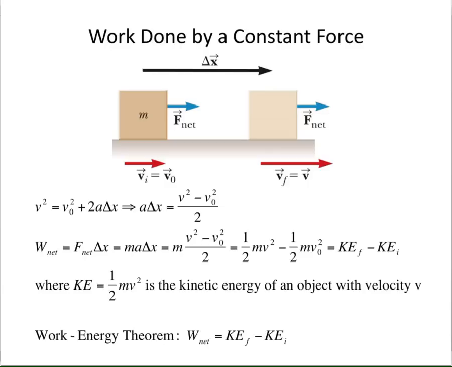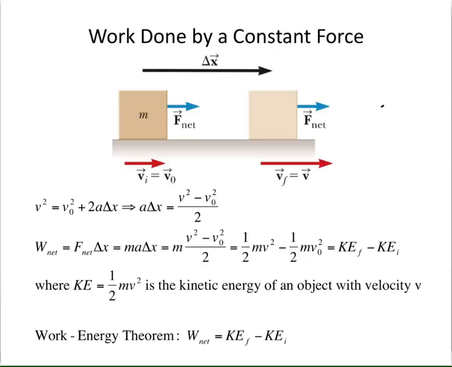But at the instant when the object moves at a constant velocity, we apply this net force. Imagine there are no other forces, no friction, and we apply this force for a displacement of delta x. So application of this force will continue for as long as the object moves this distance delta x.